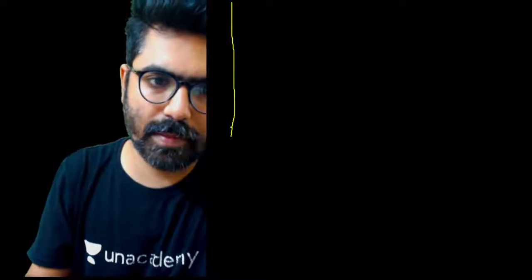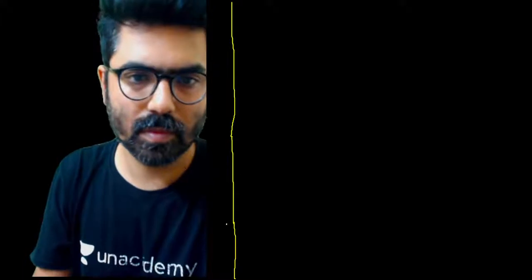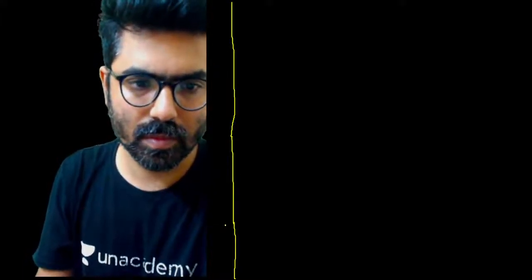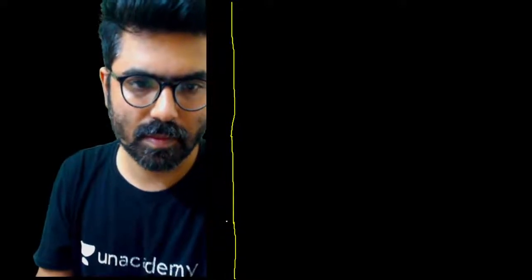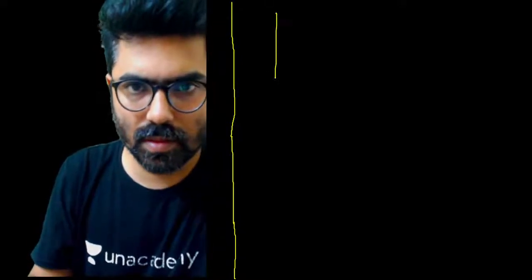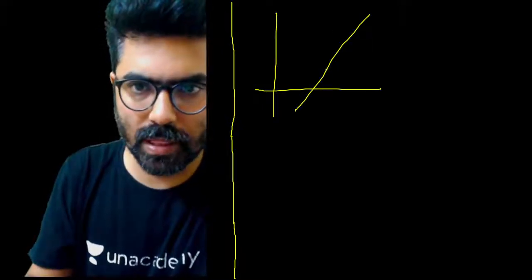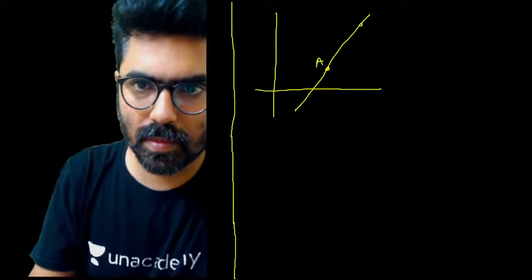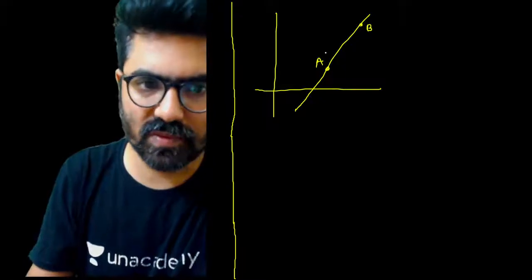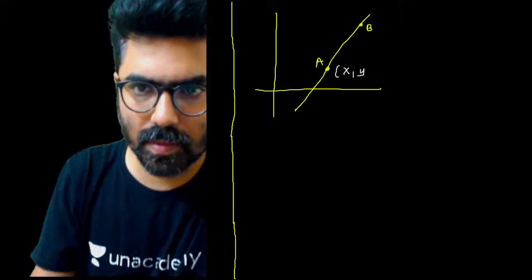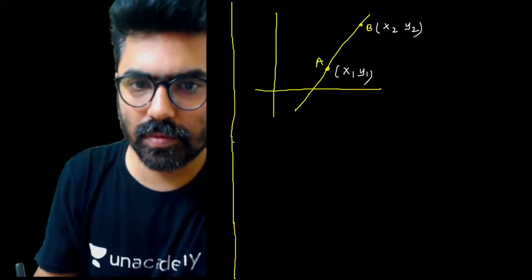Now the next note point: a line is passing through points A and B. The coordinates of A are x1, y1 and the coordinates of B are x2, y2.